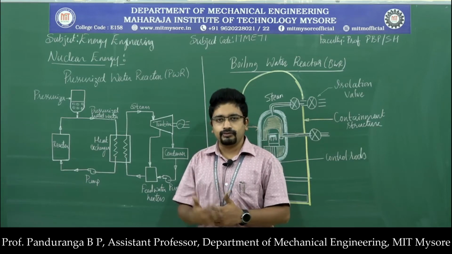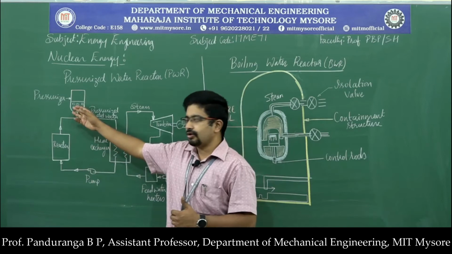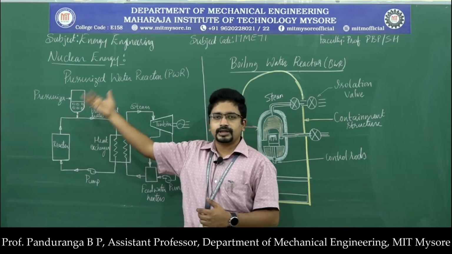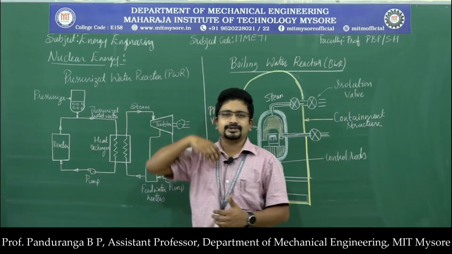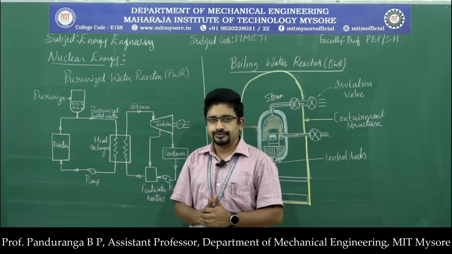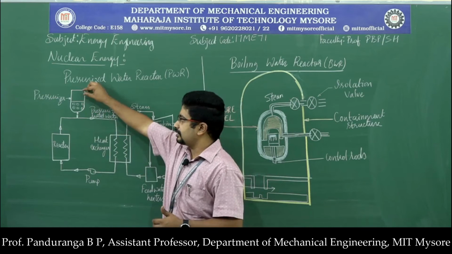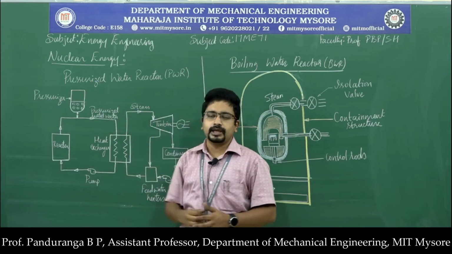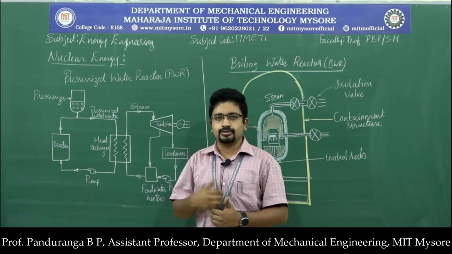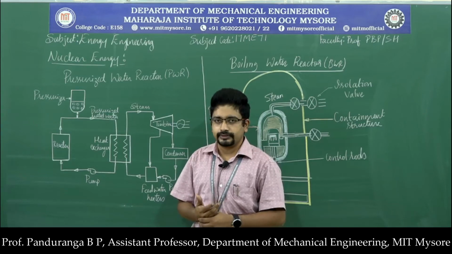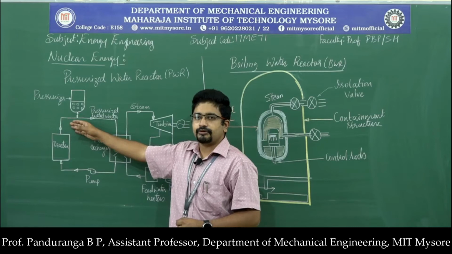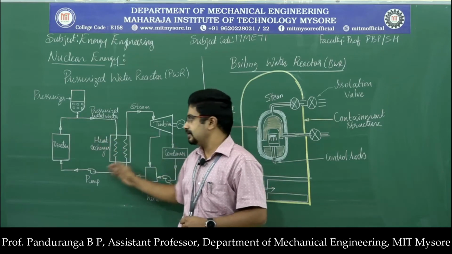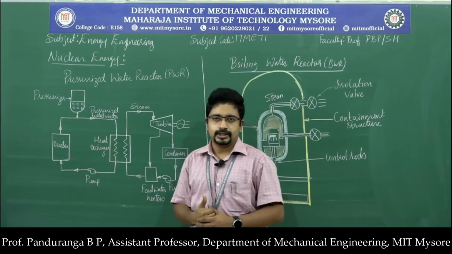As you heat the water, some of it evaporates and gets collected at the top, and as you continue to heat, the pressure of the steam increases continuously because more water is getting converted into steam. That applies a certain amount of pressure on the water in the primary loop.